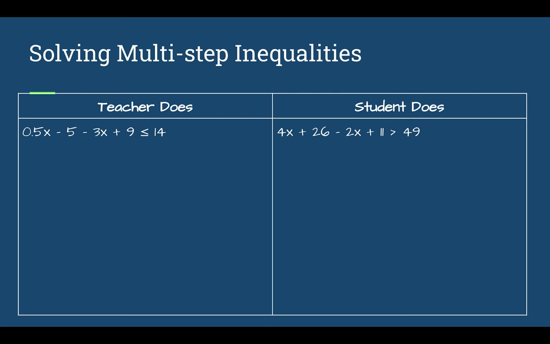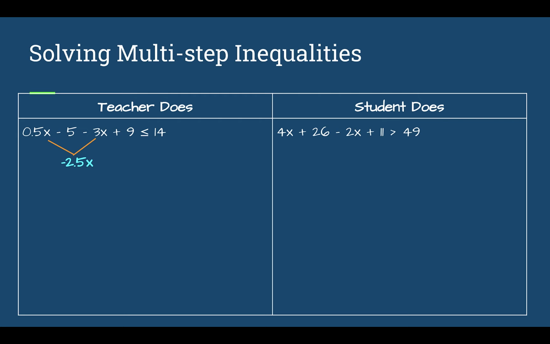Again, we're going to go through those steps: distribute, combine, isolate, flip if we need to. First, there's nothing to distribute here, so we combine like terms. I see there are two x terms, 0.5x and minus 3x. Together, 0.5 minus 3 is negative 2.5, and that has the x.